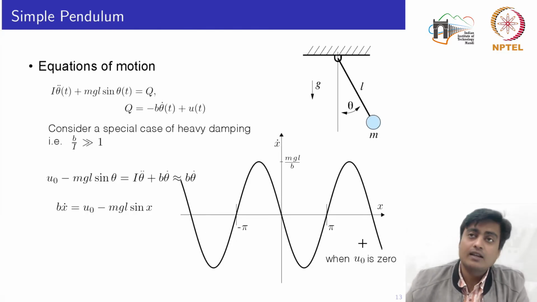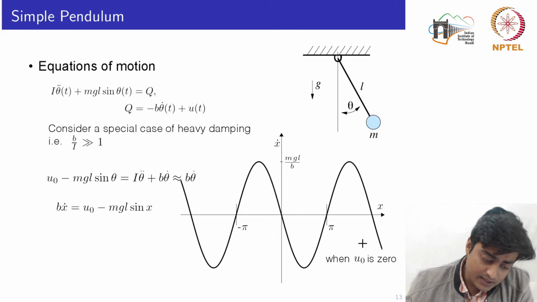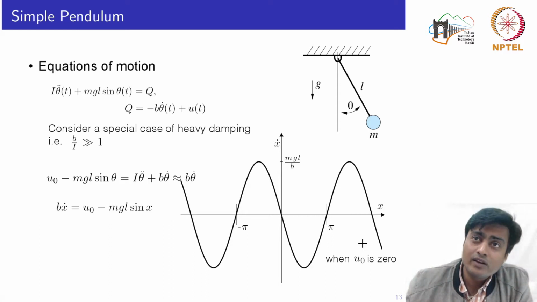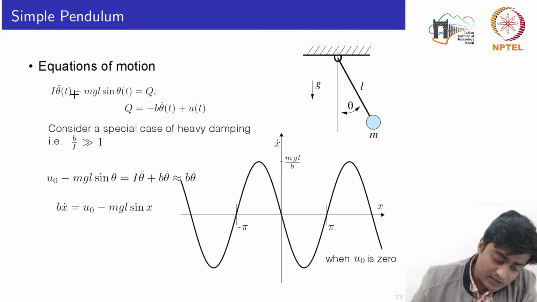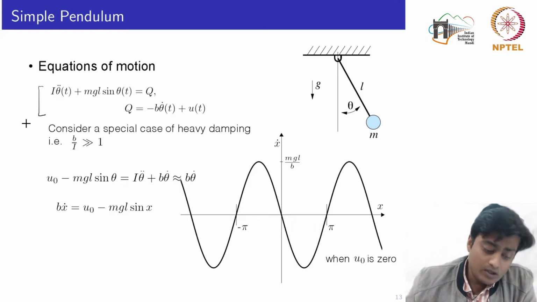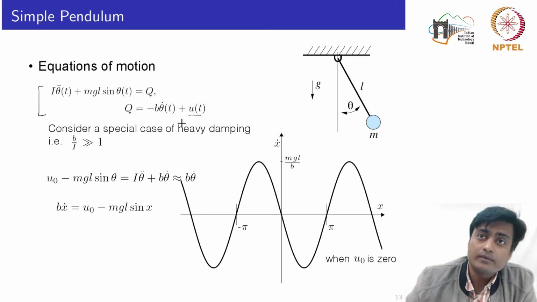So let's consider one basic example before moving to the definitions of stability. This is a simple pendulum, what you have been seeing in your wall clocks particularly. These two equations define the basic equations of motion of a simple pendulum, where the torques are balanced, where Q is the damping torque influenced by the external force u(t).